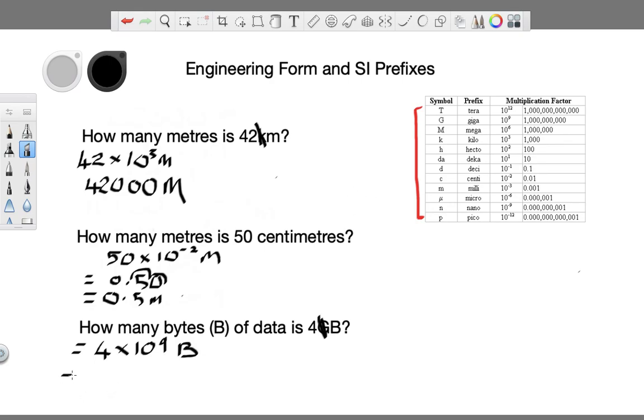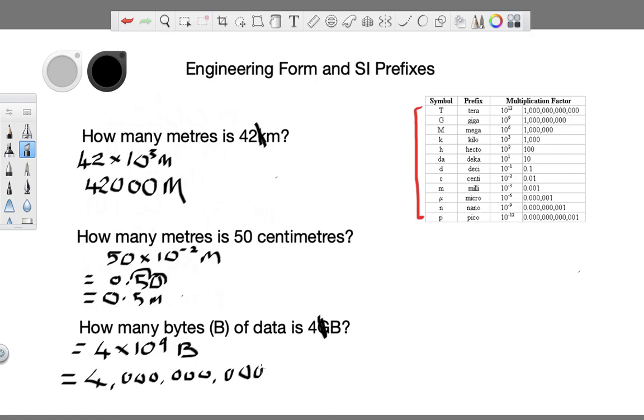That would be this ridiculously long number, which would be 4, 0, 0, 0, then 0, 0, 0, and then finally 0, 0, 0.